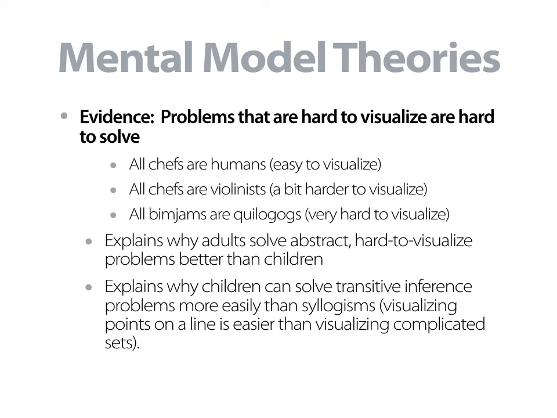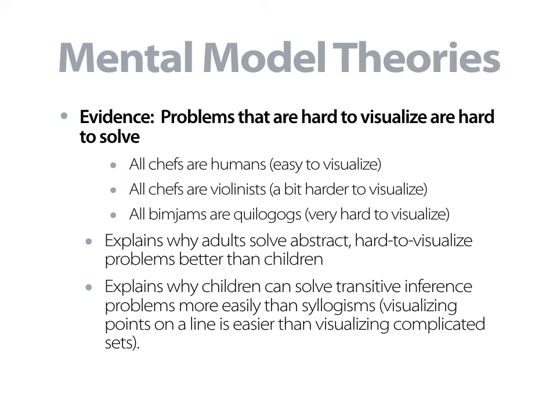So a problem like all chefs are humans, that's easy to visualize. All chefs are violinists is a bit harder to visualize. All BIM jams are quillagogs. That's very hard to visualize. I don't even know what a BIM jam or a quillagog looks like. I could make it up, but that's going to take more effort.